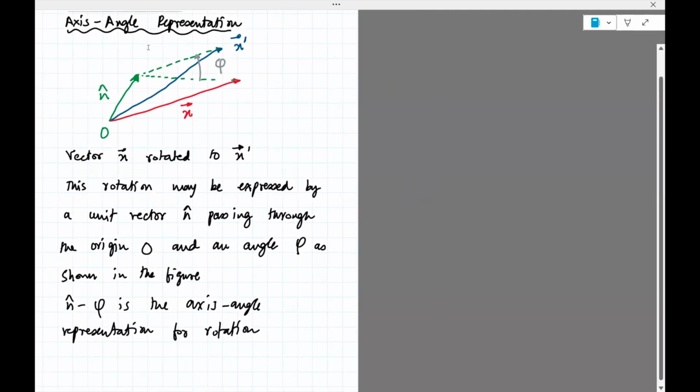Now, there is actually a formula which you can derive from this figure, which I will not get into. If you're interested, send me an email and I'll send you the reference to the derivation. There is a formula for the rotation matrix R based only on n and psi, and I'll put that down, and then we'll just be good users of that.